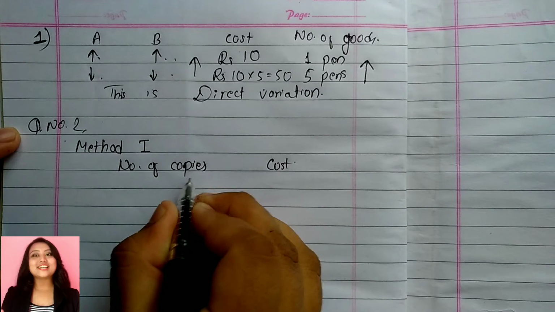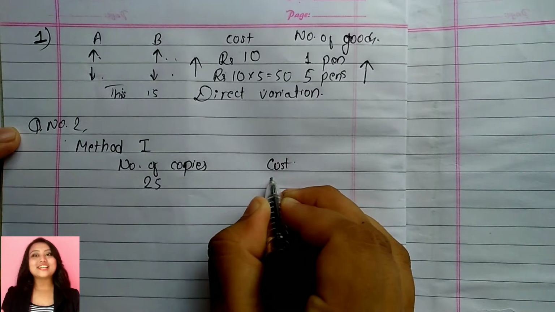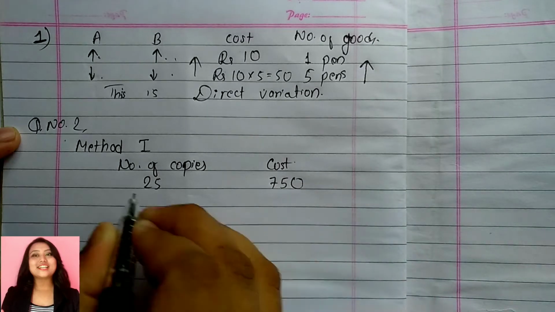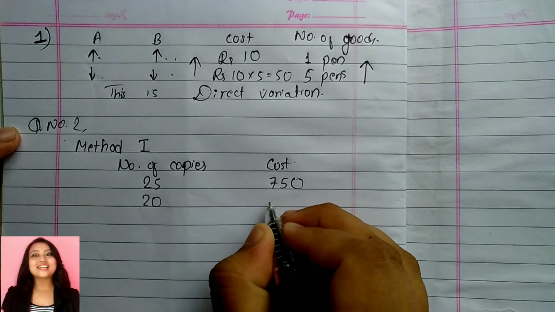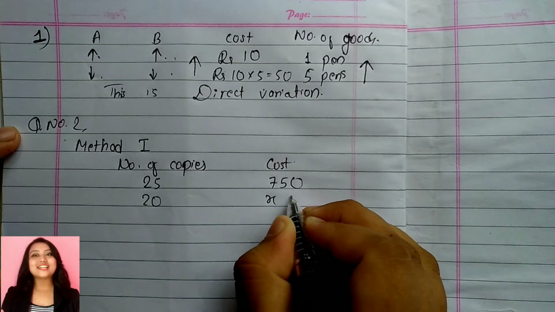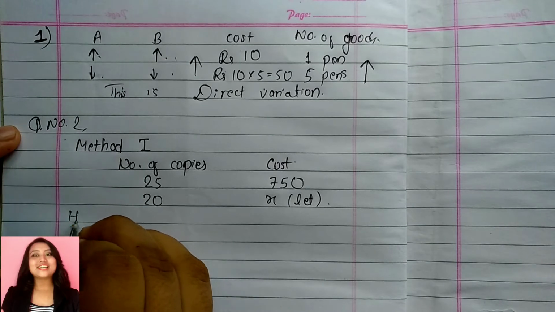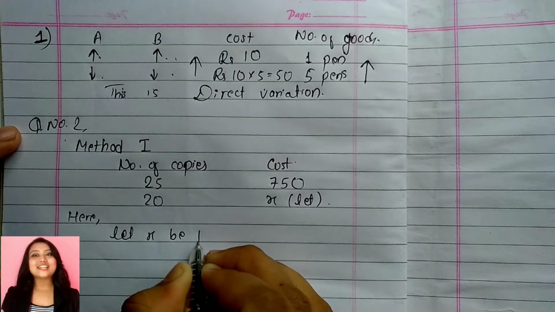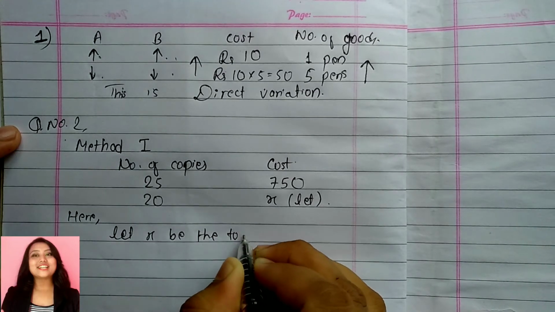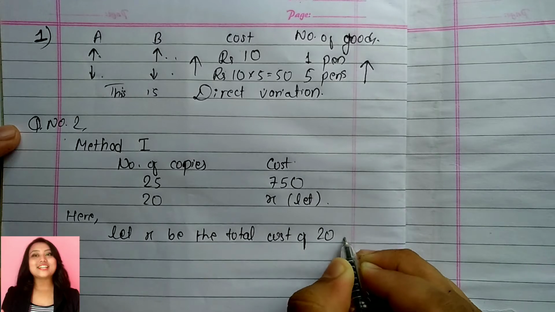The number of copies is 25 and the cost is 750. Similarly, it's asking the cost of 20 copies, and we don't know the total cost, so we'll suppose let X be the total cost of 20 copies.